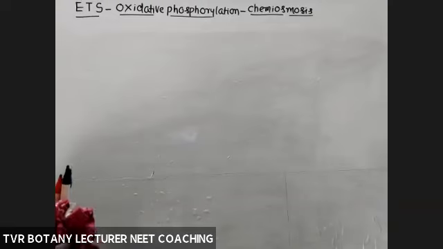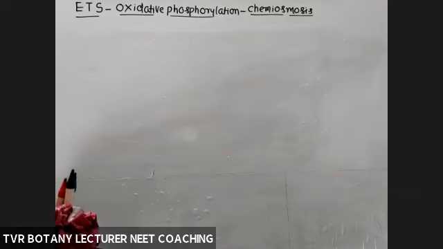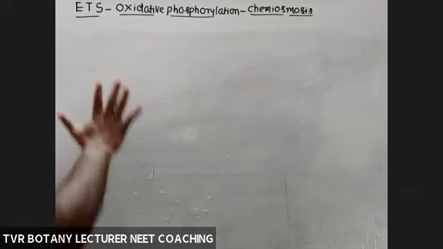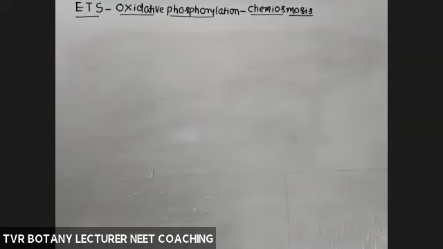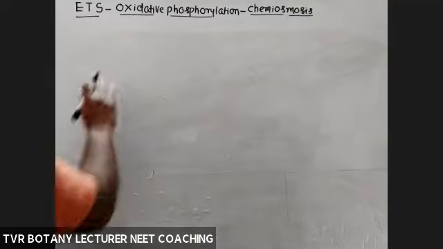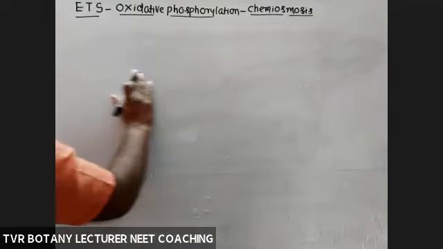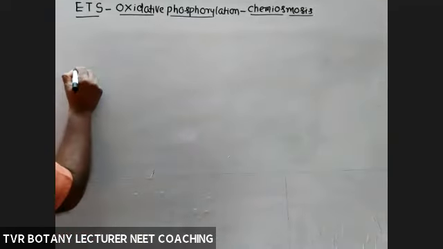If it is a prokaryote, ETS is within the lateral mesosome. So here we are going to discuss ETS within the mitochondrial cristae region. So this is a longitudinal section of the mitochondrial inner membrane at the cristae region.